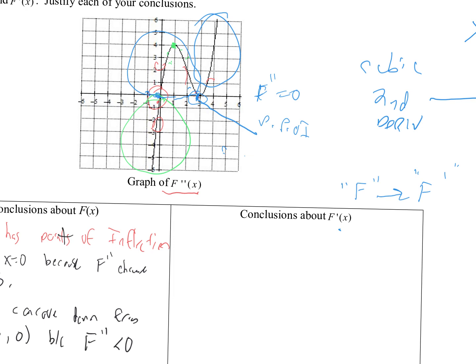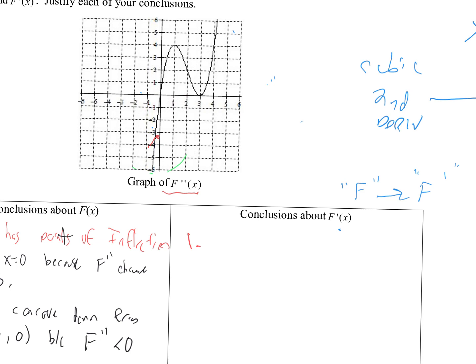Let me try to clean that up so I can have your full attention. If that's a picture of a derivative, and it truly is, what does it mean about the function that represented?